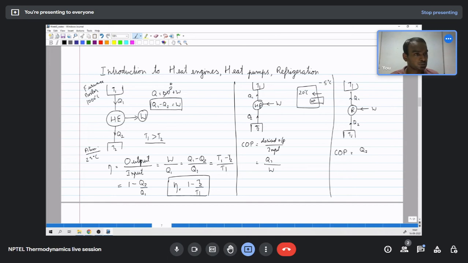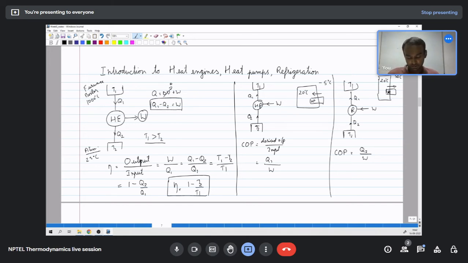Our objective is to reduce the temperature of the low temperature reservoir. So this can be a refrigerator or an air conditioned room, say it has to be maintained at 20 degrees Celsius, and the outside atmosphere is 30 degrees Celsius, and we put a refrigerant, which will transfer heat from the low temperature reservoir to a high temperature reservoir.